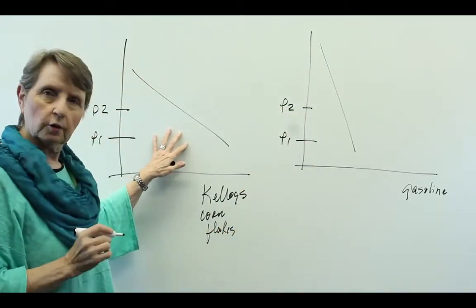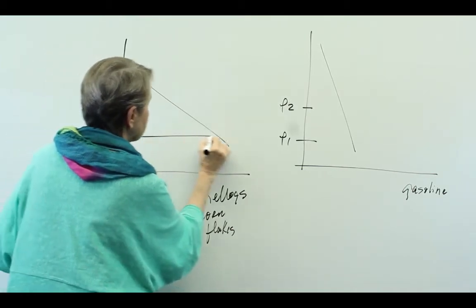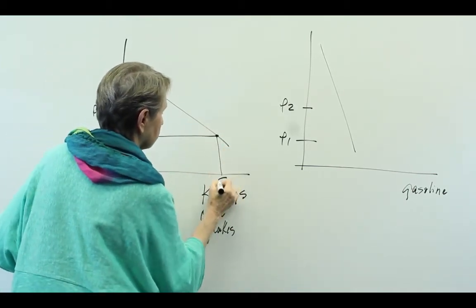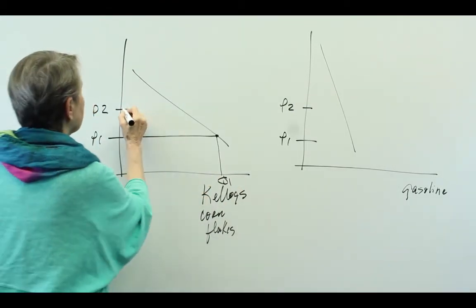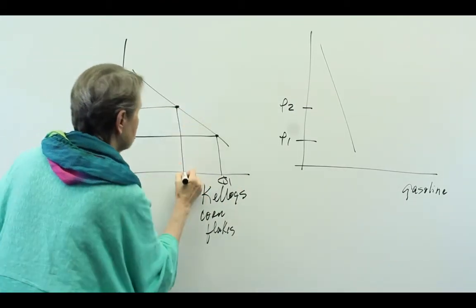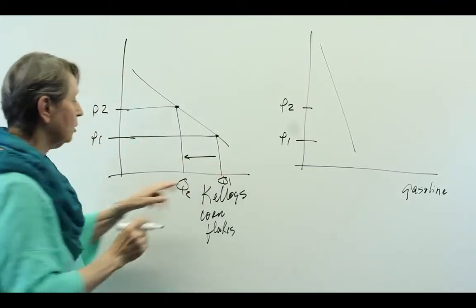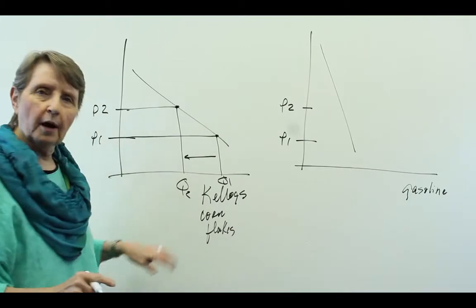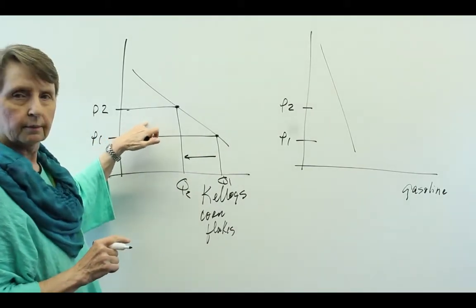If the price is P1, that's the quantity that will be bought. If the price goes up to P2, of course, quantity demanded is going to fall, and there's the response in the market for Kellogg's cornflakes to a price increase this big.